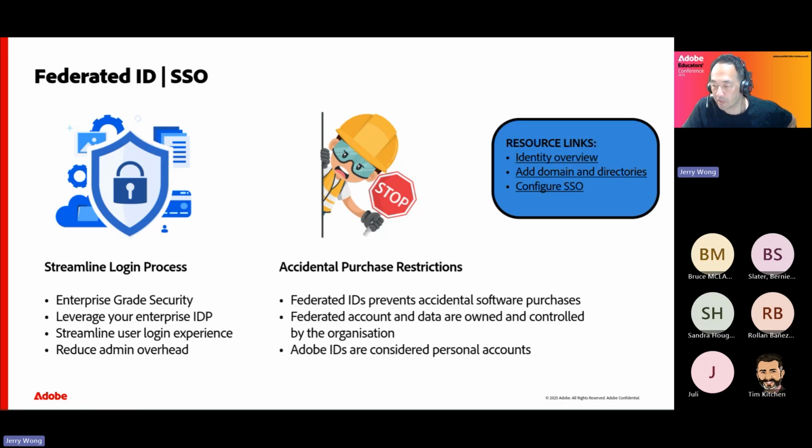So with single sign-on, that needs to be set up. So you can leverage also your identity management, and there should be hopefully a lot less calls saying that I've forgotten my password. And more importantly, using the federated setup you can prevent all these accidental purchases.